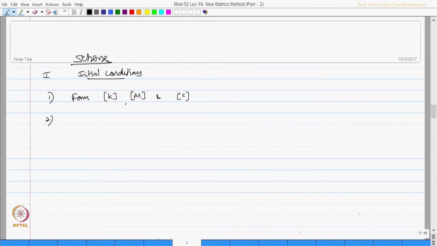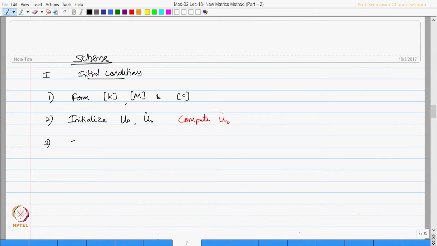The second step, initialize u0 and u dot 0 and compute u double dot 0.